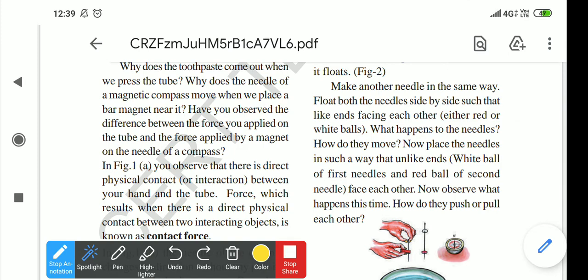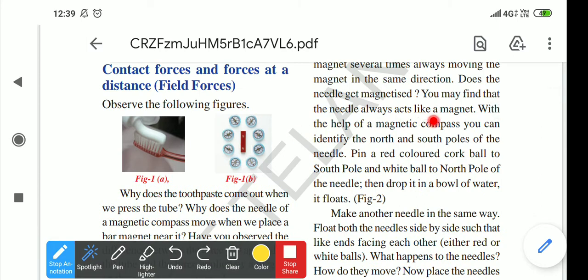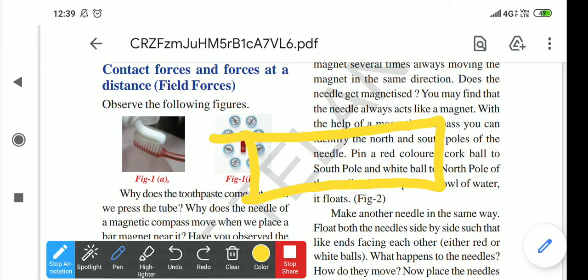Why does the toothpaste come out when we press the tube? Think about that question once. See, the tube of the toothpaste will be like this, and here the erasing knob, it will be like this.